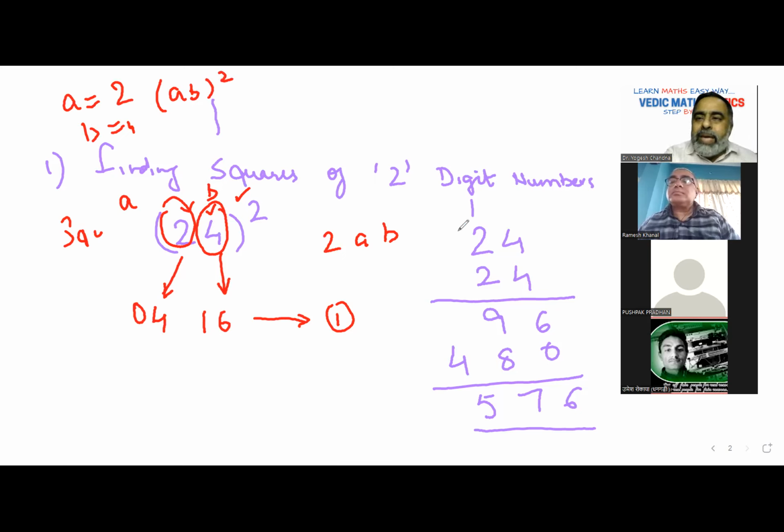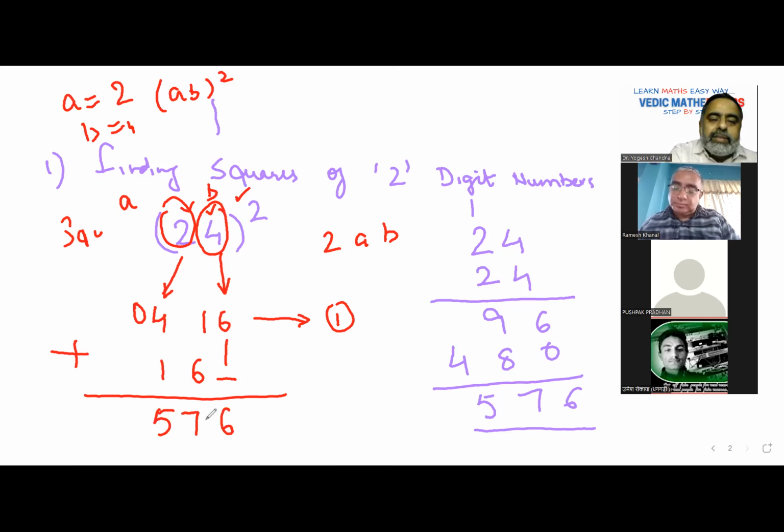So what is 2ab? 2 into 4 is 8, 8 into 2 is 16. But we have to remember, we will not write anything below 6. We put a dash, nothing to be written on the unit place. After that, we write 16 and we add it. It is 5, 7, 6. Yes, who understood or who did not understand? Both. So how many of you understood this?